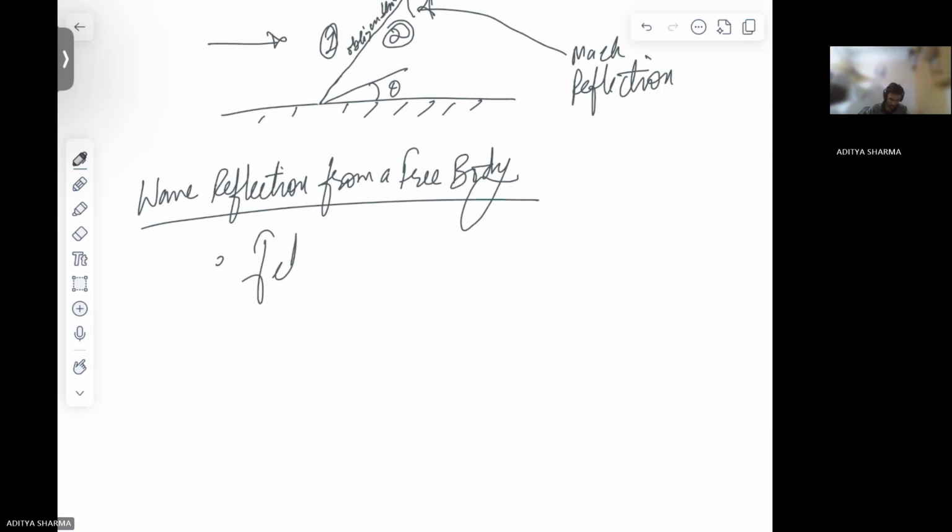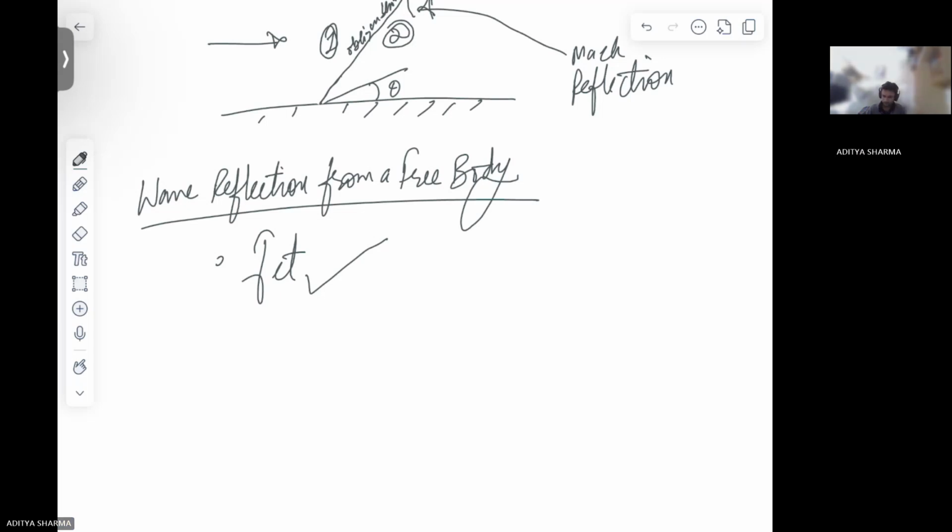One example is jets. The jet that gets ejected into the atmosphere, at the end, if you have an oblique shock, this oblique shock is going to interact with a free boundary, because there are no strict boundaries in the atmosphere when you are ejecting gas or a jet.